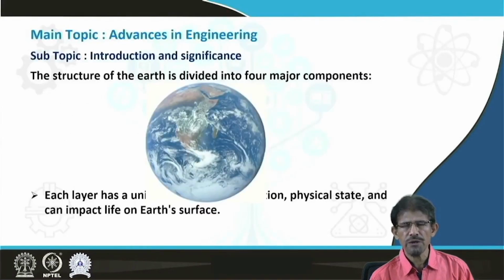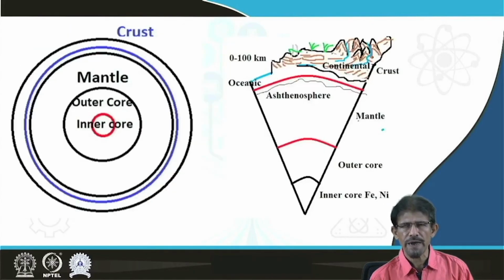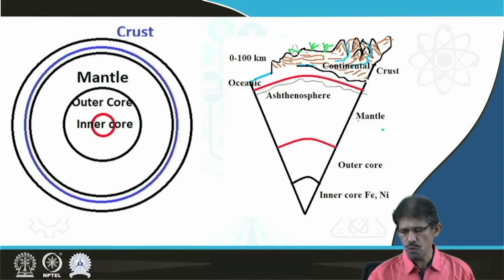Friends, as you know, the Earth is spheroidal in shape and consists of three broad layers. If we look at the interior of the Earth: crust, mantle, and core. Further, the crust is divided into two layers, oceanic crust and continental crust.